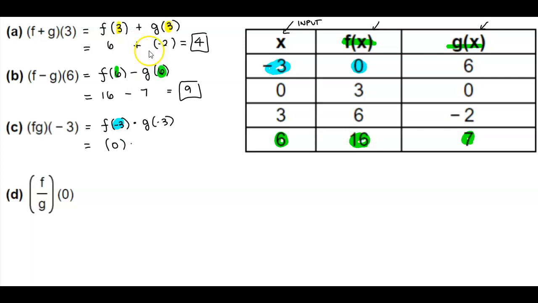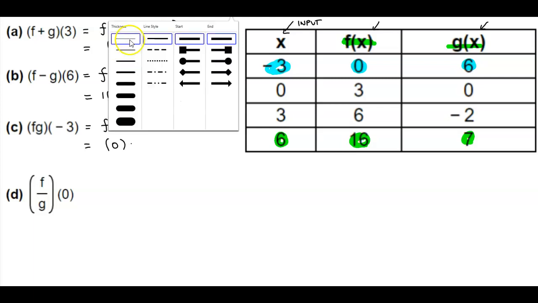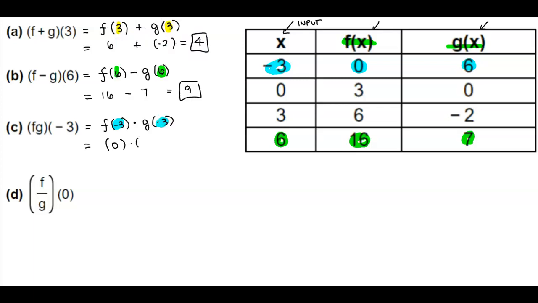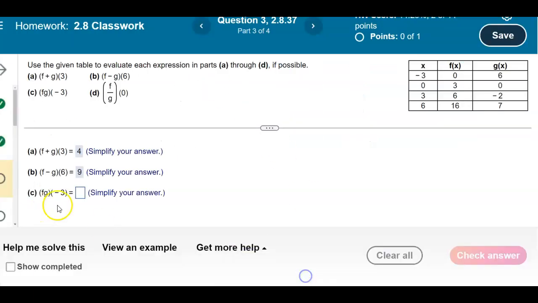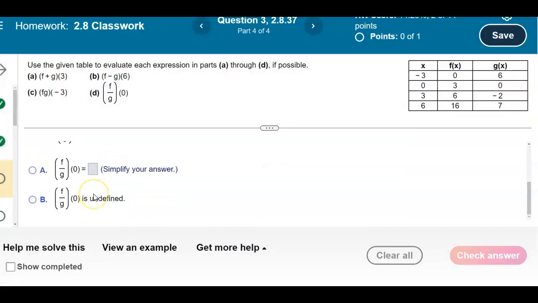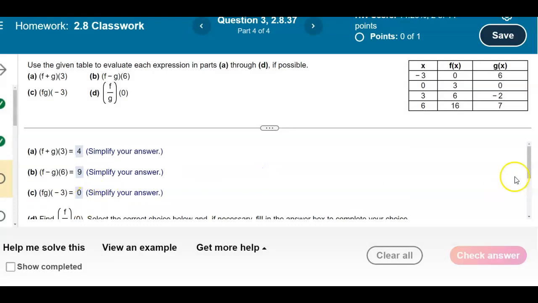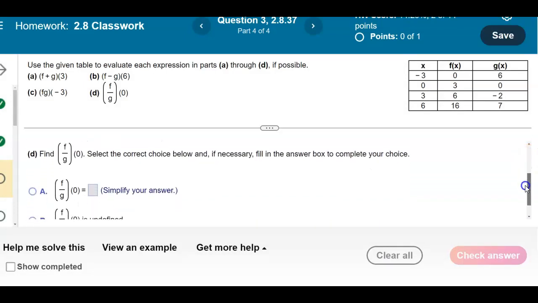And when the input is negative 3 for the function g, well, the output is 6. So 0 times 6 is going to give us 0. So the answer is 0. Let's put in our answer here. And there's our result.